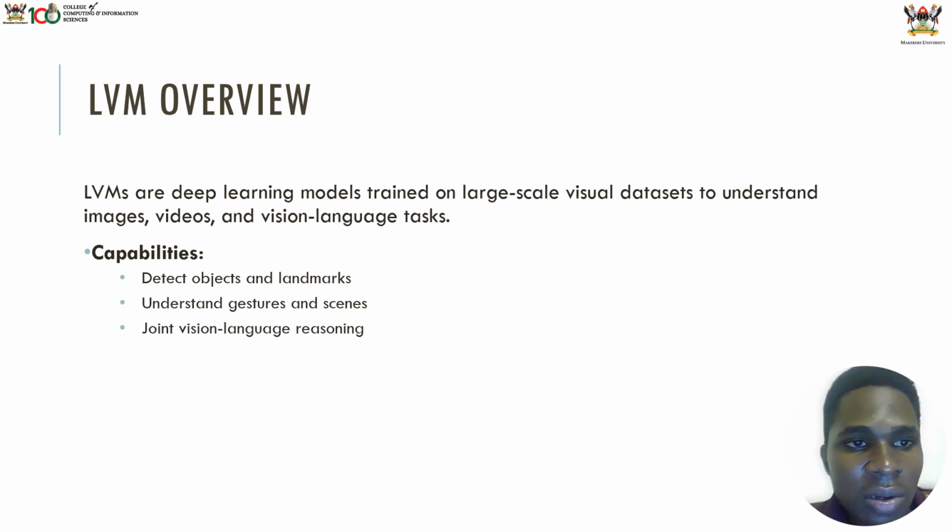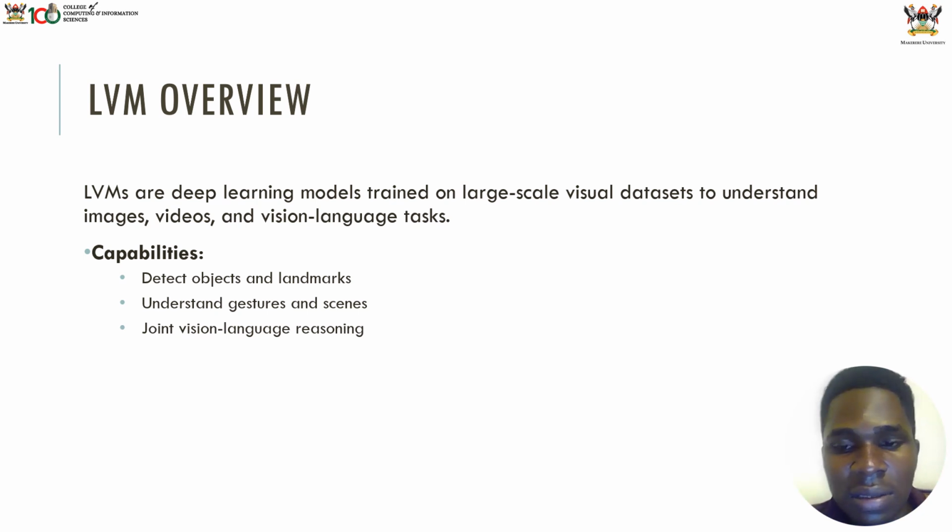Then looking at the LVM, which is the large vision model, this is basically a deep learning model that is trained on visual datasets to understand. The main point of the LVM is basically to understand images, videos, and vision language tasks.